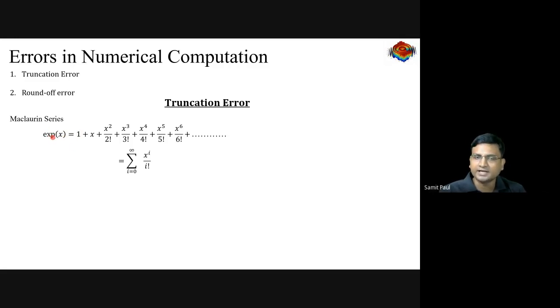If you expand e to the power of x, you will get a series like this: 1 plus x plus x square by factorial 2, x cube by factorial 3, and so on. And this will go up to infinity. But if you want to use your computer or MATLAB code to calculate exponential of x using this series, you need to stop at some point. You cannot go up to infinity.